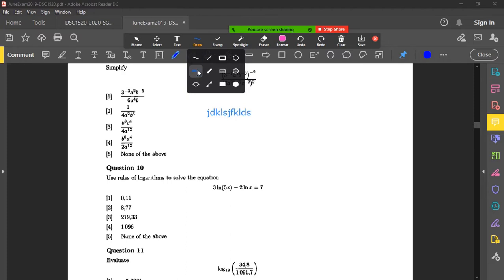This one's the thin line. Here's the thick line. Oh, okay, I've got it. Okay, you got it. Good. Let me just erase this. Great. So yes, try it.